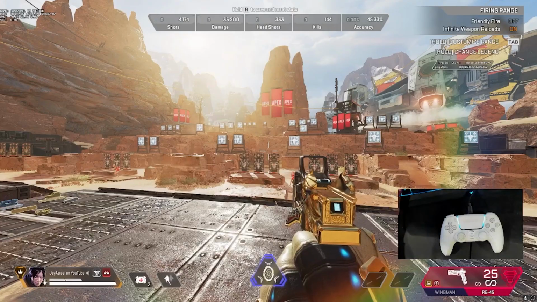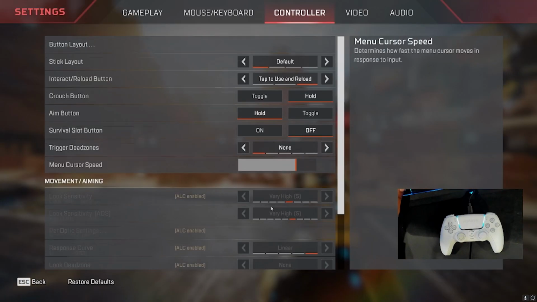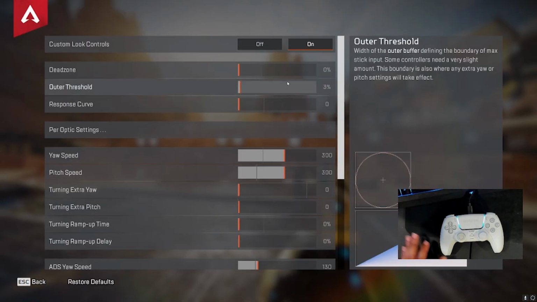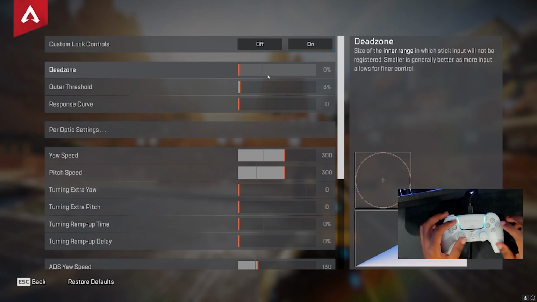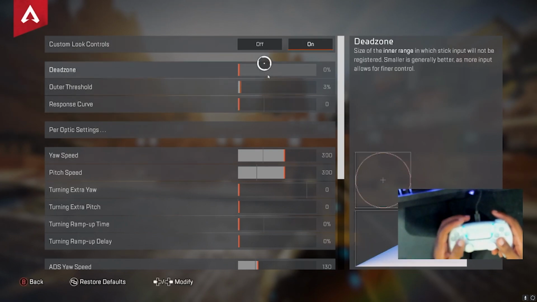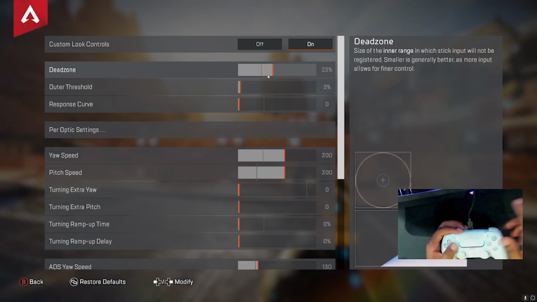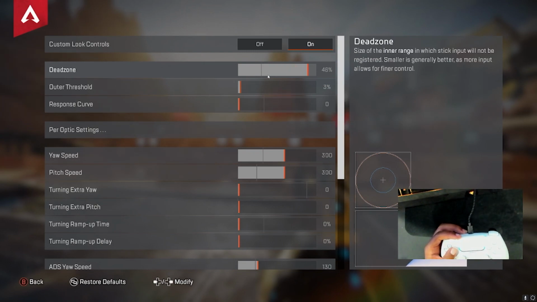Going back to the ALCs tab, as I increase my controller's dead zone, you notice the circle around the analog stick gets bigger. This is its dead zone range, meaning that if I keep my analog stick within this circle, my aim or my camera will not move.